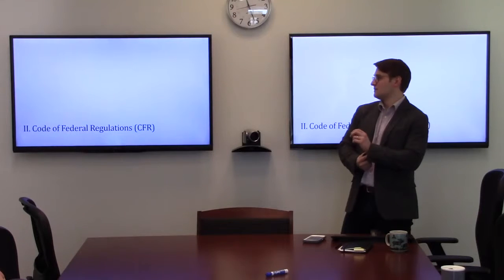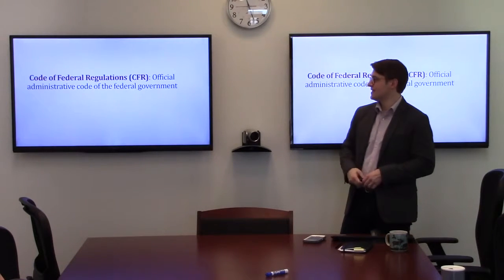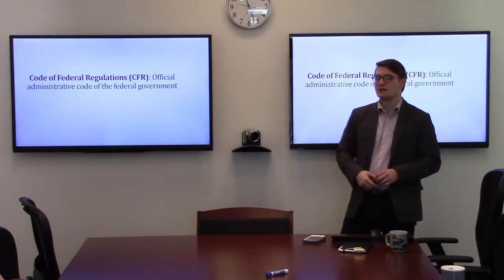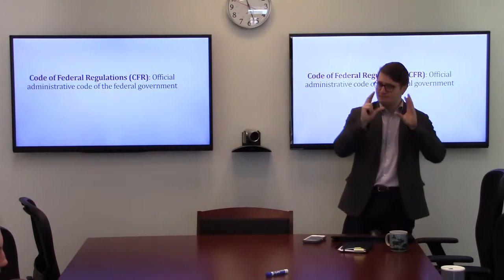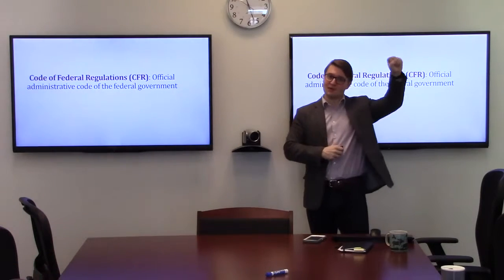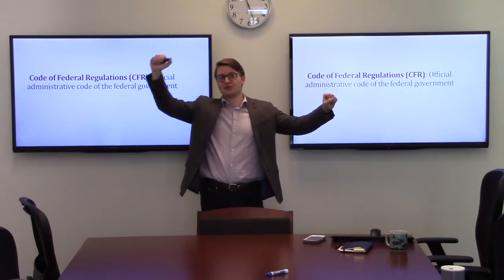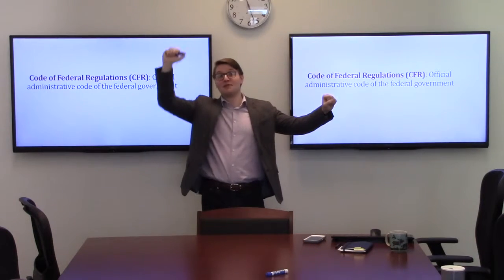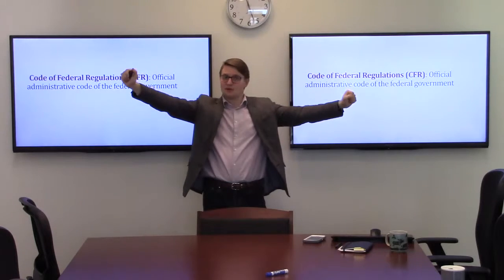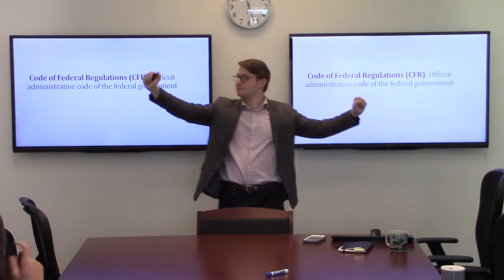And again, our official administrative code is the CFR. That makes sense, right? It's our official federal administrative code associated with the executive branch, completely different from the official legislative code, right? The United States Code. One's legislative, one's administrative.